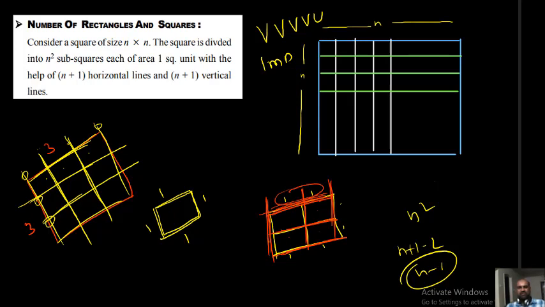I hope you people understood. This length is n. N I want divided into 1, 2, 3, 4, and so on up to n portions. I need to draw n minus 1 vertical lines. Already 2 are there. N minus 1 plus 2, total vertical lines are n plus 1.